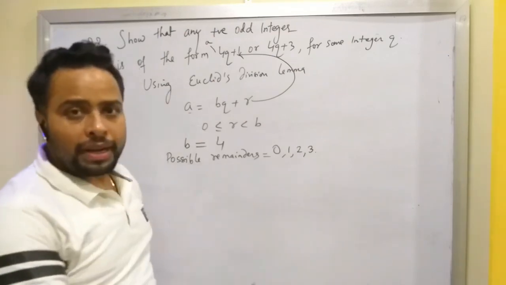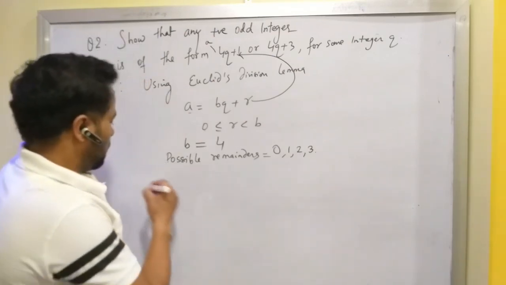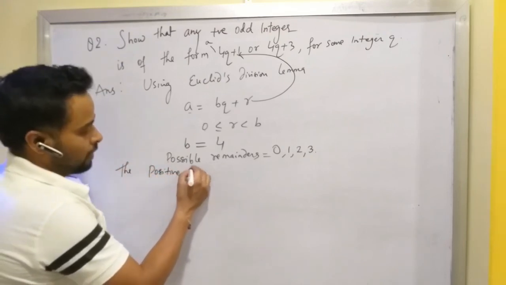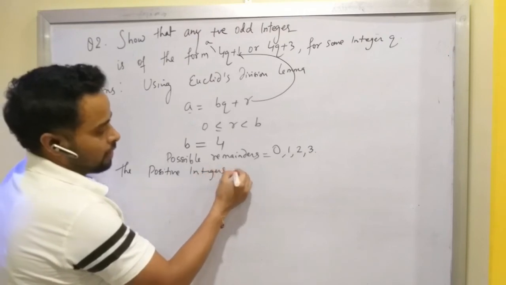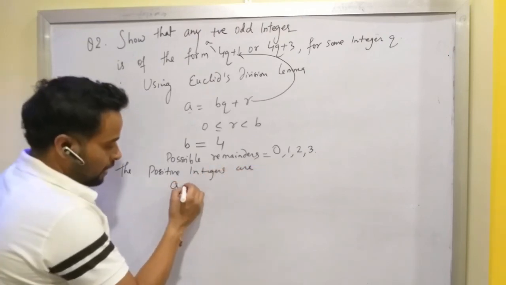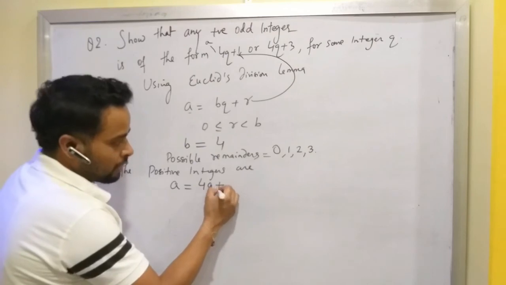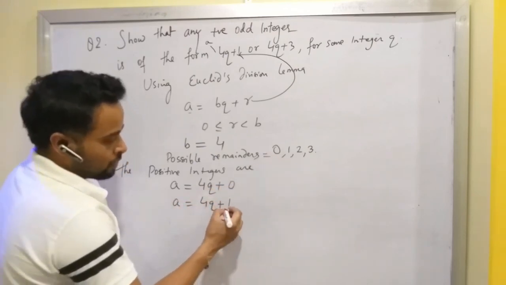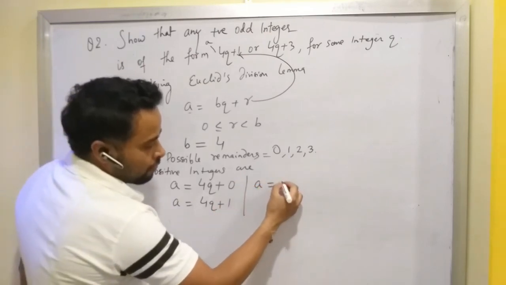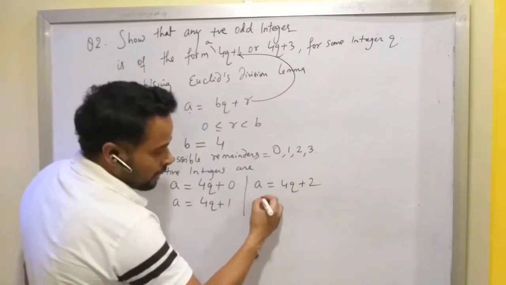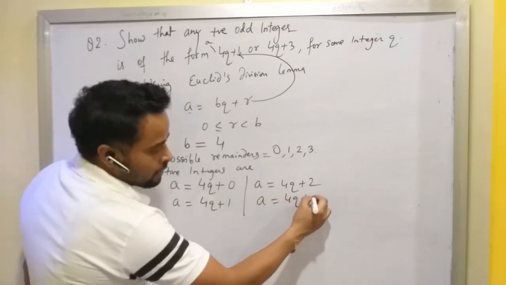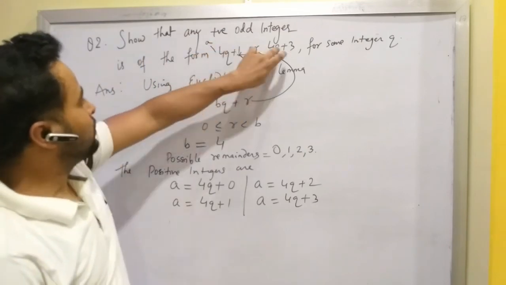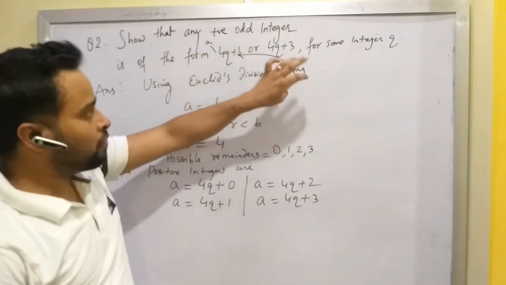Now if possible remainders are 0, 1, 2, 3, the positive integers are a equals 4q plus 0, a equals 4q plus 1, a equals 4q plus 2, a equals 4q plus 3. There are 4 possibilities.